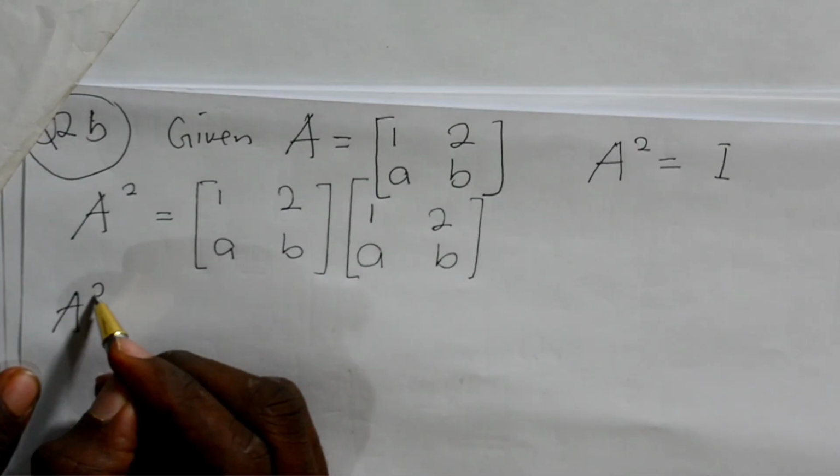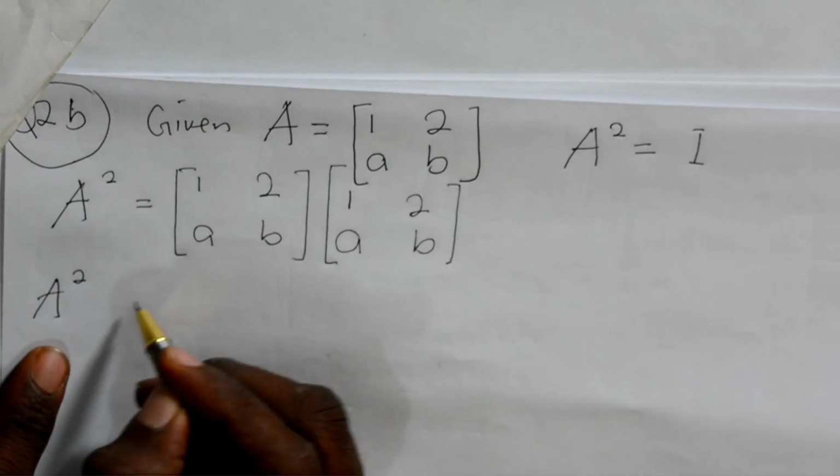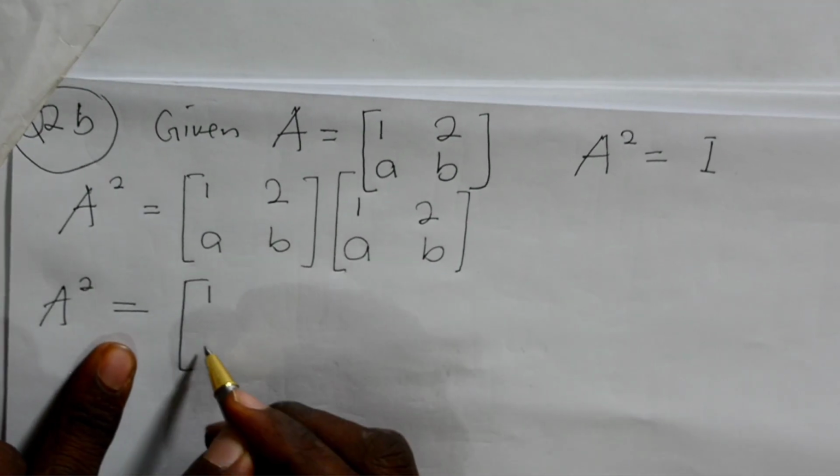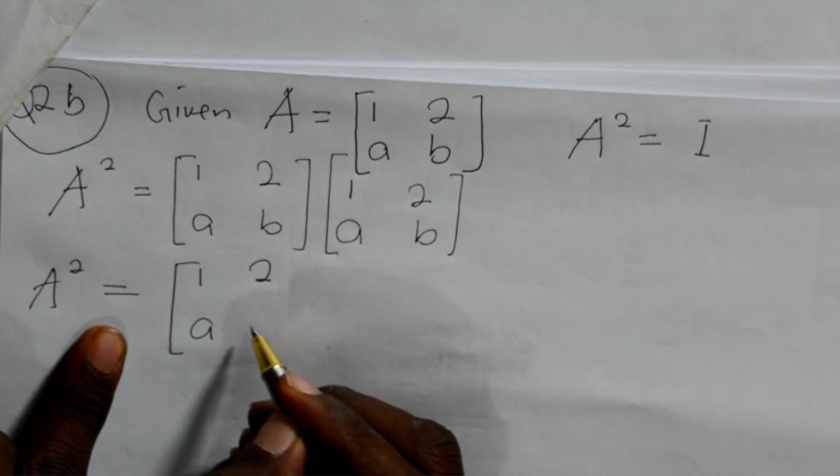When we multiply this, A square will be equal to, let's first drop them again, 1, a, 2, and b.